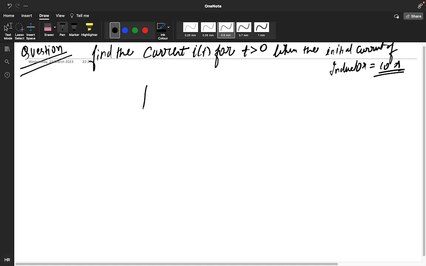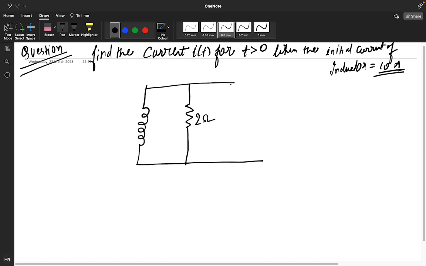So this is your inductor part, and this particular is your 2 ohm, this is your 4 ohm, this particular is a dependent source, 3i, and the value of the inductor current flowing is I. The value is 1 by 2 Henry.